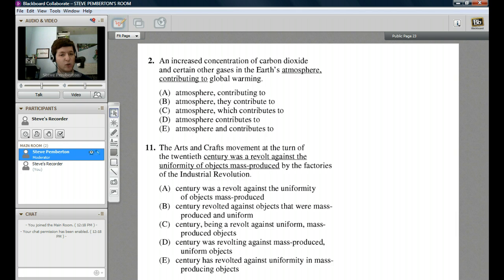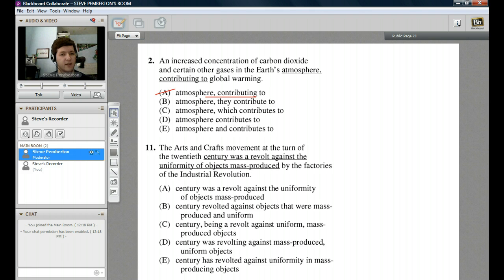The alternatives debate between contribute and contributes. Well, that's like the S issue on the main verb that we were talking about just a second ago. So A is going to be incorrect because it doesn't really have a main verb. Let's look at the other ones and decide, should it be contributes or contribute? So the subject is an increased concentration, and then it just happens to be of carbon dioxide and certain other gases.